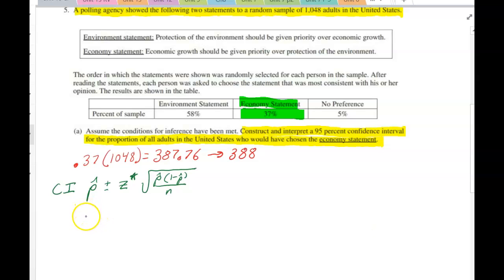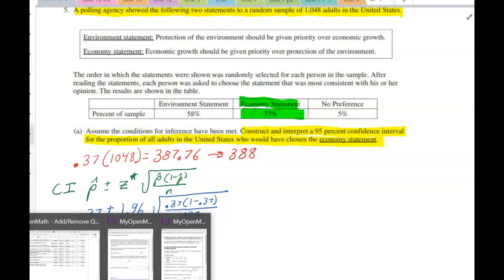So my p hat is 0.37, plus or minus the critical value for 95%, which is 1.96, times the square root of 0.37, 1 minus 0.37, divided by the sample size, which was 1,048.